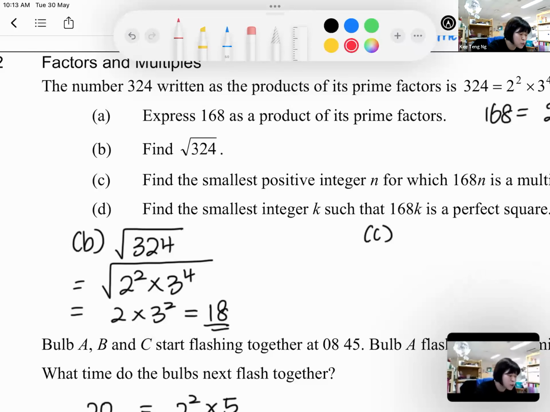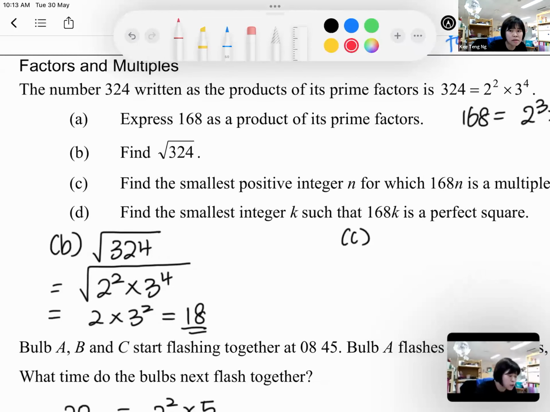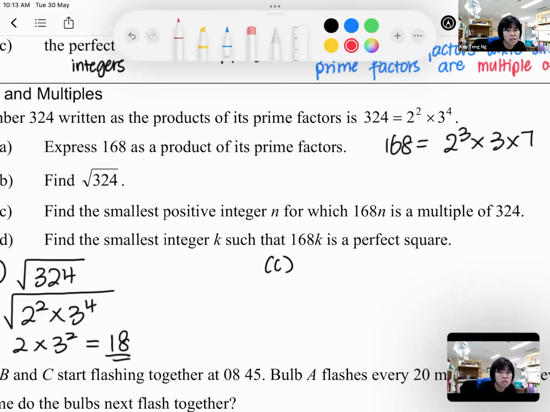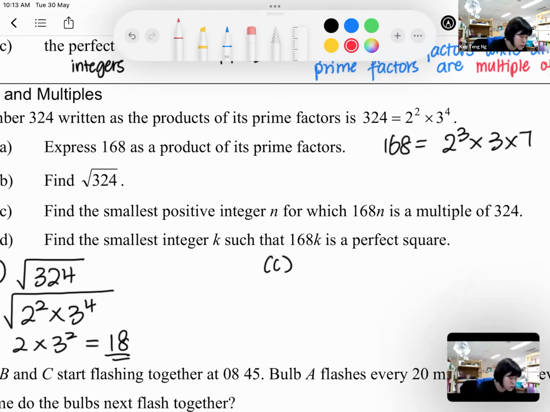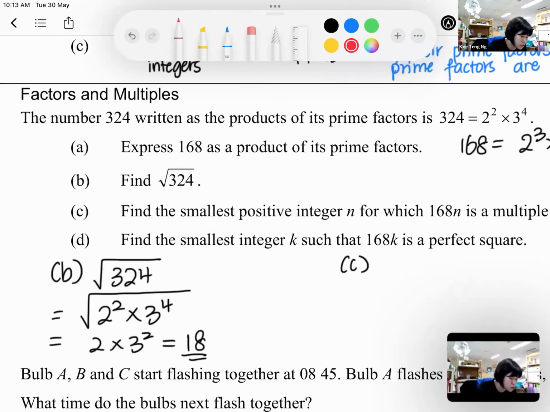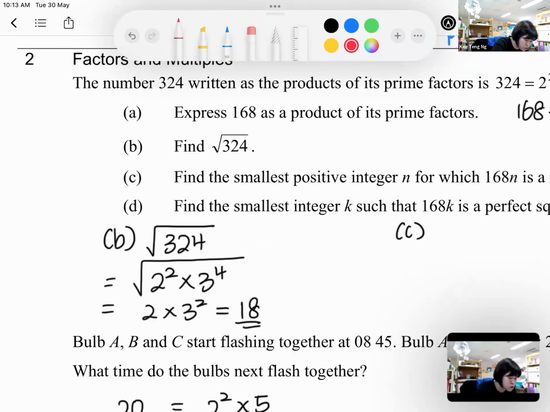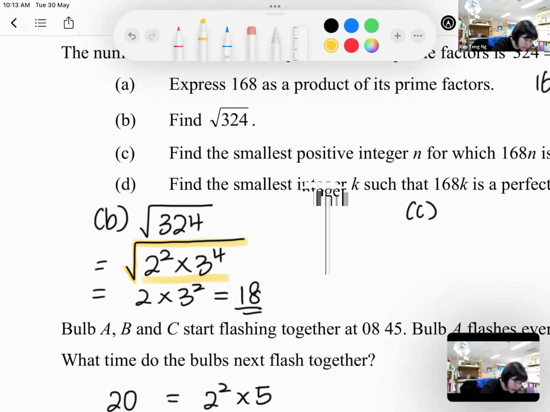So we know that 324 is 2 squared times 3 to the power of 4, correct? So now what they need you to do is show the working. So you must show this working. Square root, then you put the factors inside. Okay, then when we take the square root of 2 squared times 3 to the power 4, what happens to each of the different powers?